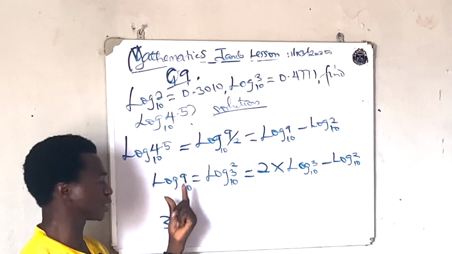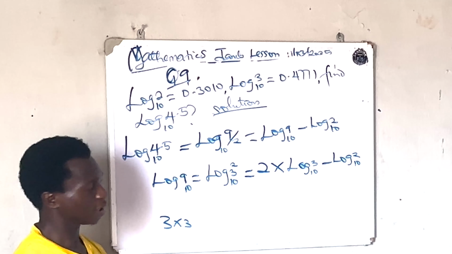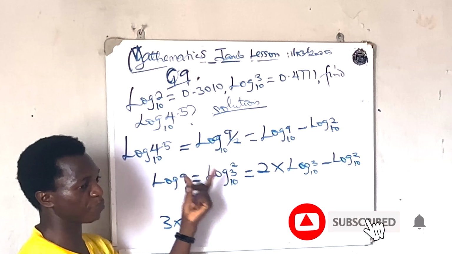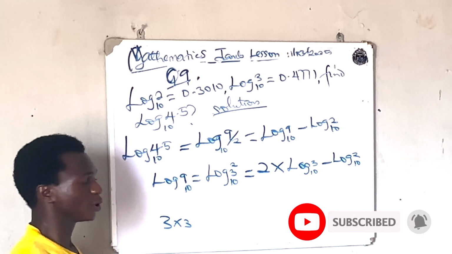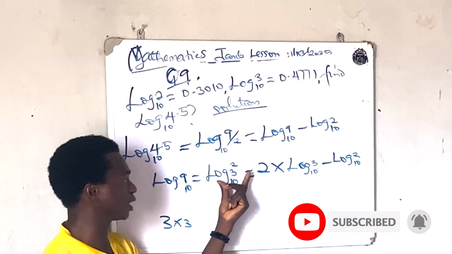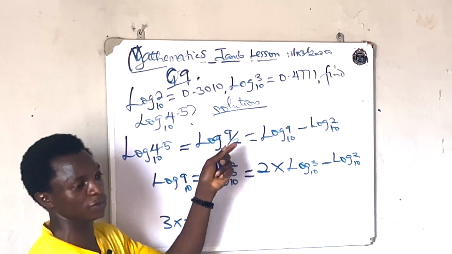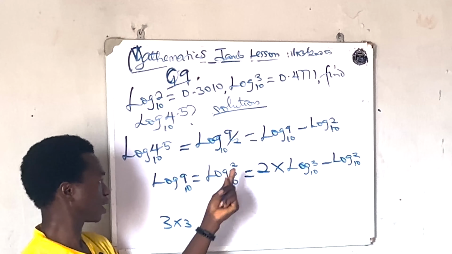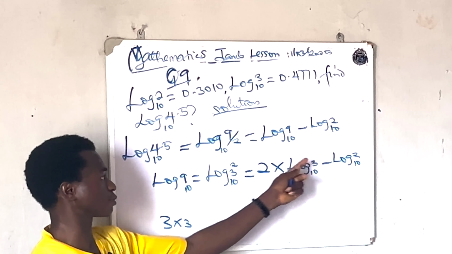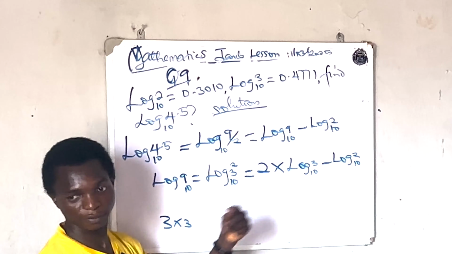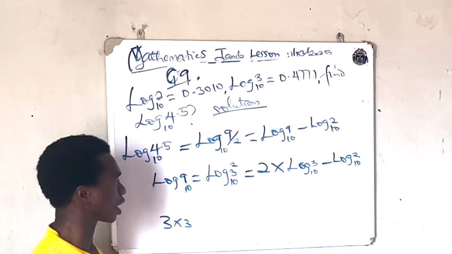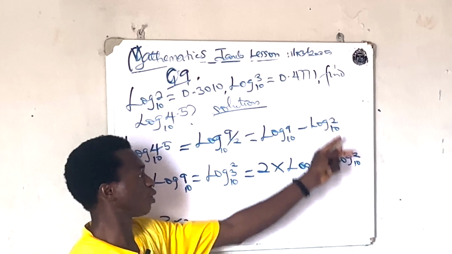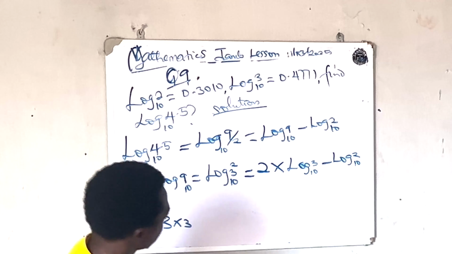So this and this will not change anything. Now this gives us the power law of logarithm, which states that if you are given a number with a given power, we multiply the power by the log itself. And the power is 2. So 2 times log of 3 in base 10. That is all we have. Minus log of 2 in base 10.